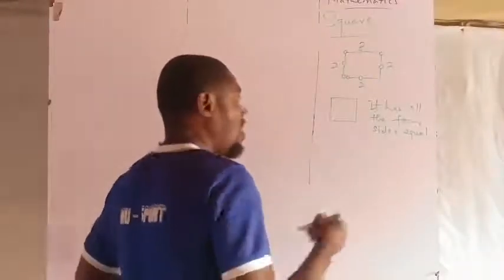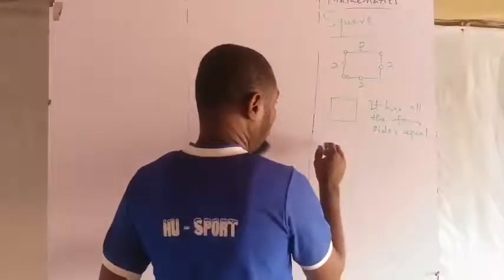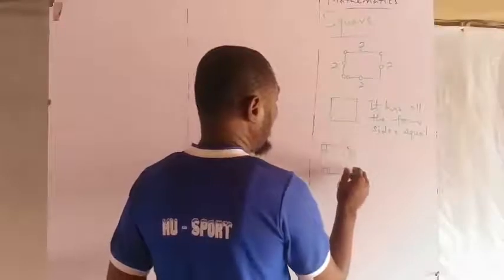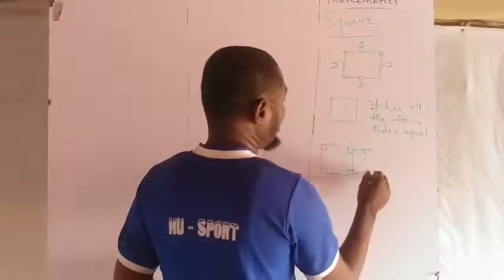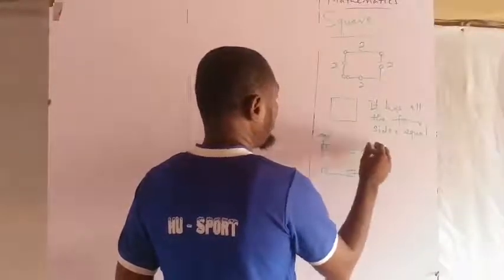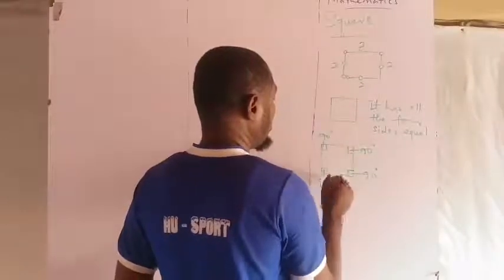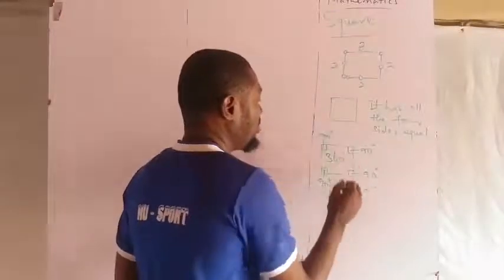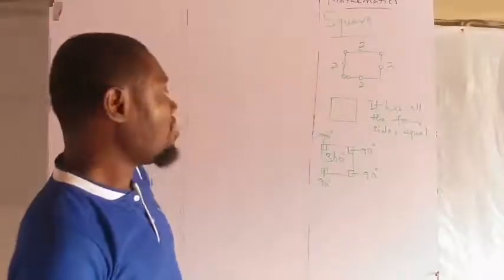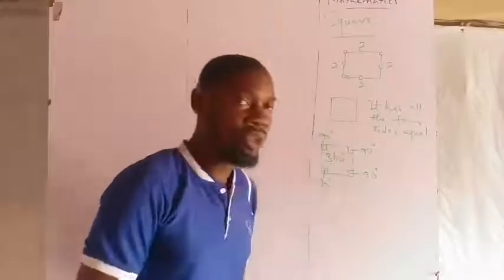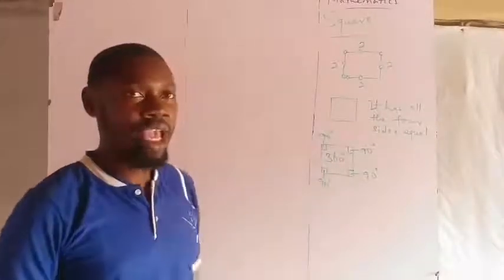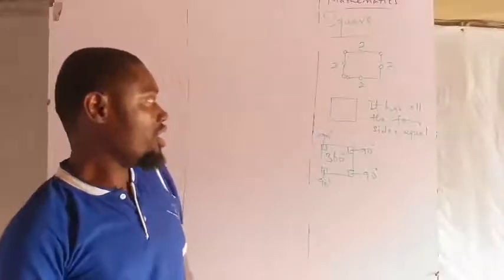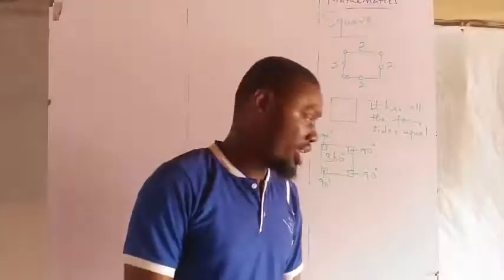A square also has 4 angles. A square has 4 internal angles, and each is 90 degrees. And if you add all the angles together, it will give you 360 degrees. So the sum of the interior or internal angles of a square is 360 degrees.